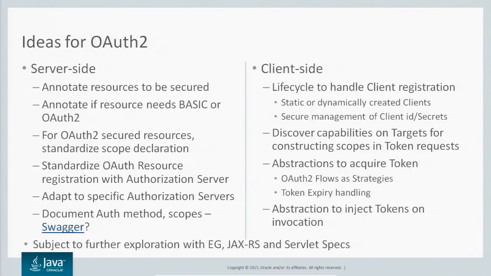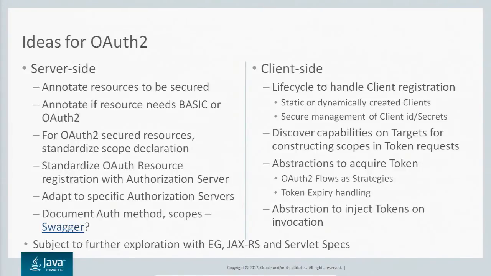For OAuth secured resources, standardize a scope declaration, standardize a resource registration with an authorization server. That might be a tough one given that we don't necessarily, unless we're going to build a Java EE authorization server, that one's going to be hard to do. Or adapt to specific authorization servers and document auth methods and scopes.